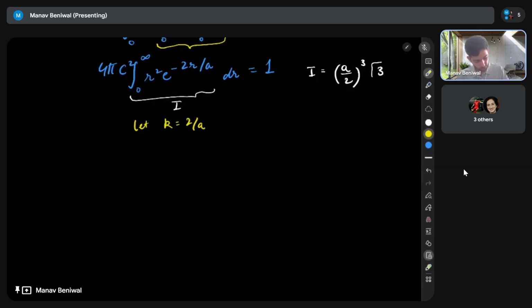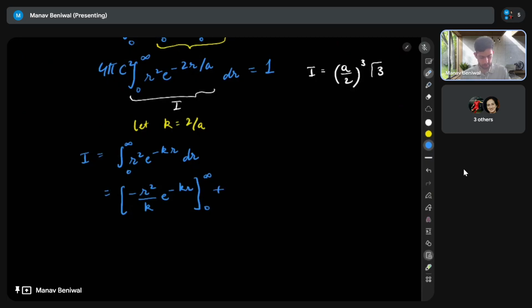Then our integral I is nothing but the integral of r squared e to the power minus kr dr. Doing by parts, from 0 to infinity, we will have minus r squared by k e to the minus kr, 0 to infinity, plus 2 by k, integral 0 to infinity r e to the minus kr dr.